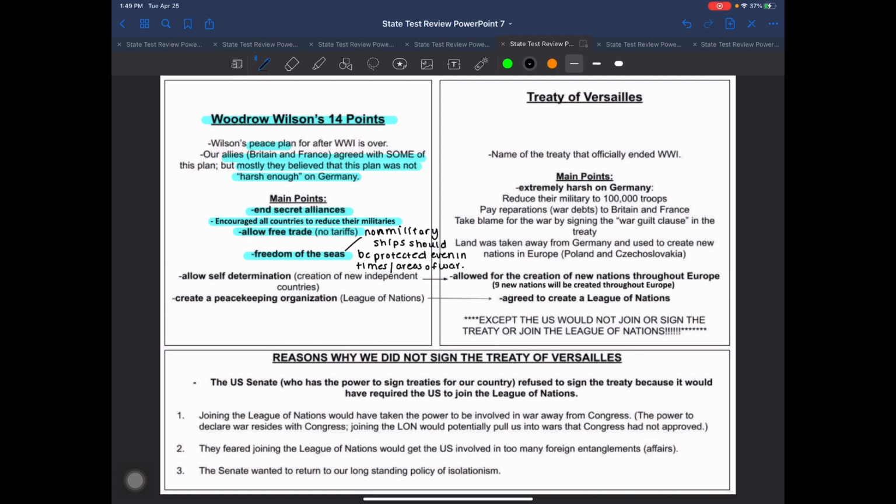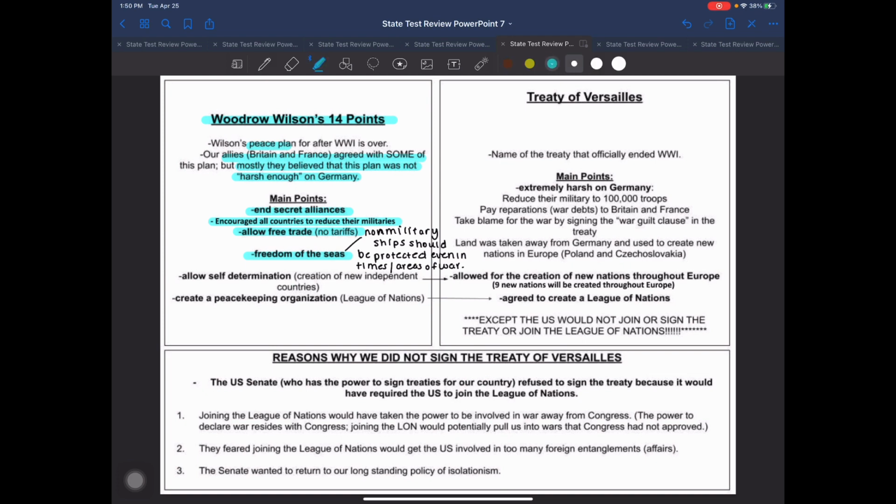So he's saying if it's not a battleship, it doesn't matter who is at war with who. If it's not a battleship, that ship should not have to worry about being potentially damaged by two countries that are at war with one another. So freedom of the seas.